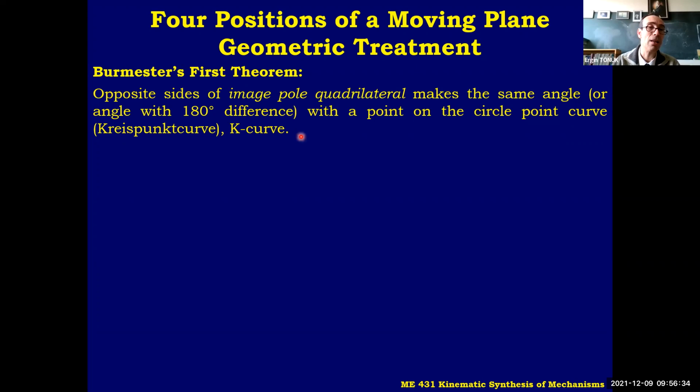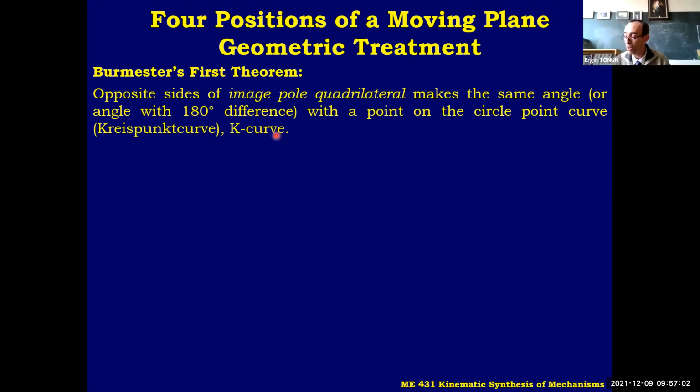And the circle point curve moves with the moving plane. If you take images in position 1, you obtain the circle point curve in position 1. If you use the images of 2, then you obtain it in 2.